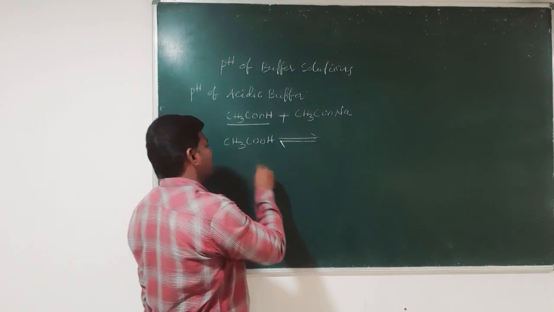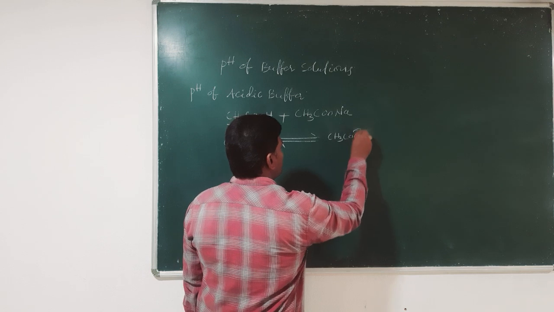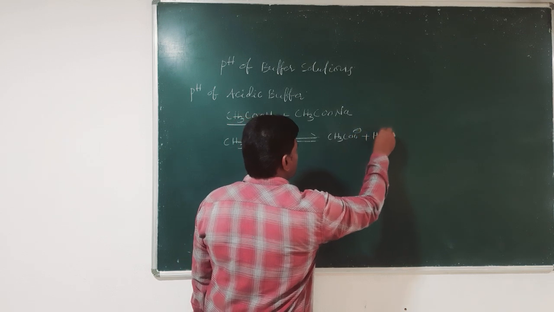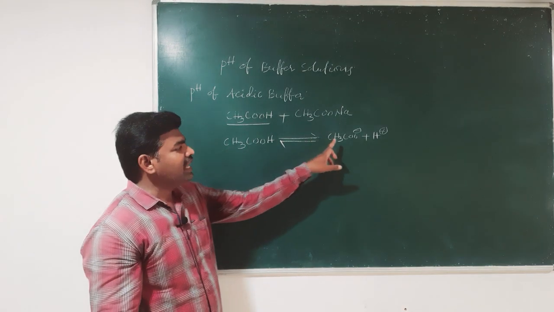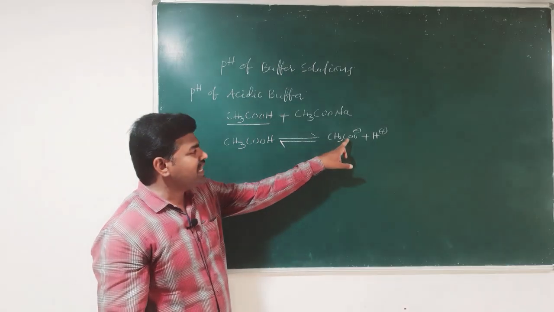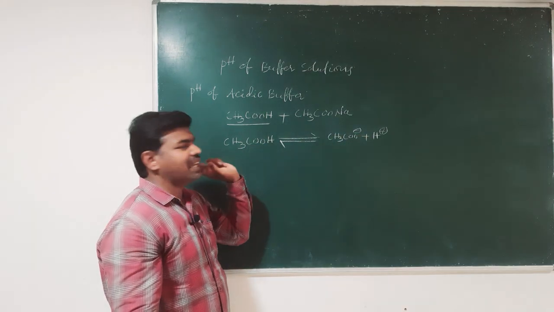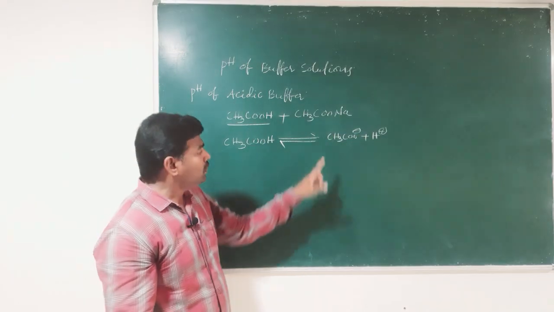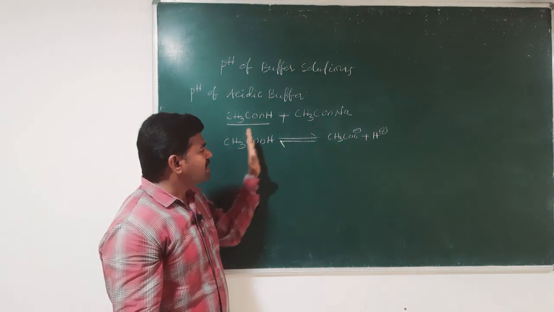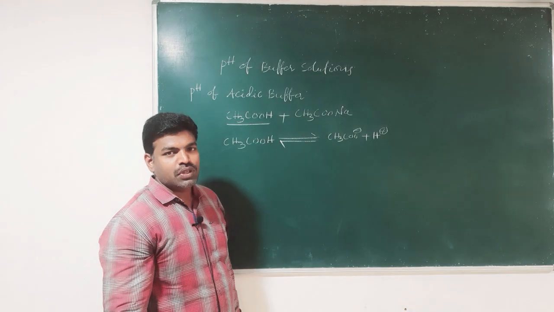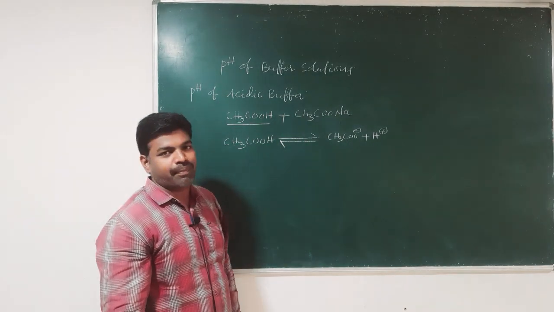It forms acetate ions plus H plus ions, and there exists an equilibrium between acetate and H plus ions and acetic acid, between reactants and products. So it is a reversible reaction.